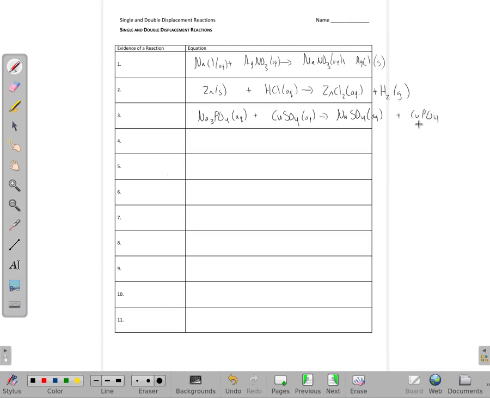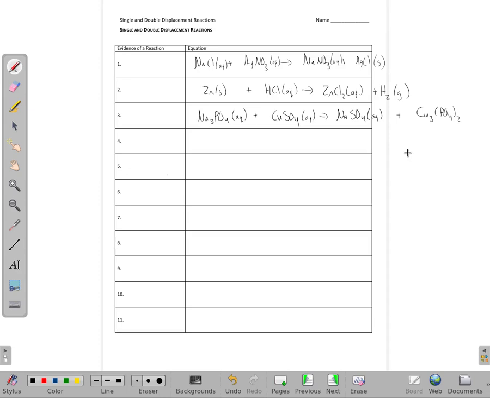Now, technically, this copper was 2, so it should still be copper 2 here. So copper 2 phosphate, I'll end up putting a 2, no, there'll be a 3 there, because phosphate is a -3. So, turn that back to a pen. Cu3, PO4, 2.